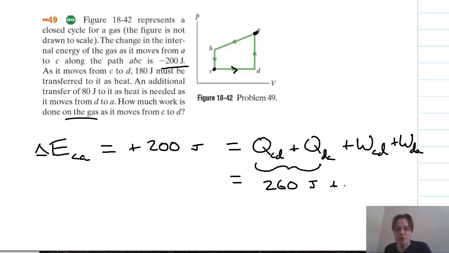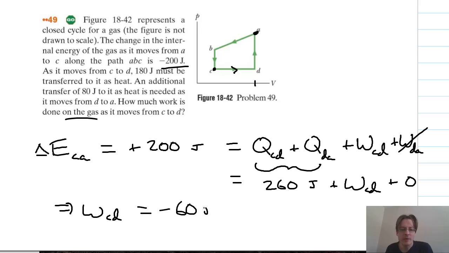WCD I'm trying to solve for. WDA, well, there's no work. It's not expanding at all, right? So no expansion, no delta V, no work, plus 0 from that part. That is 0. That's enough to tell me that WCD, it's got to be negative 60 joules.